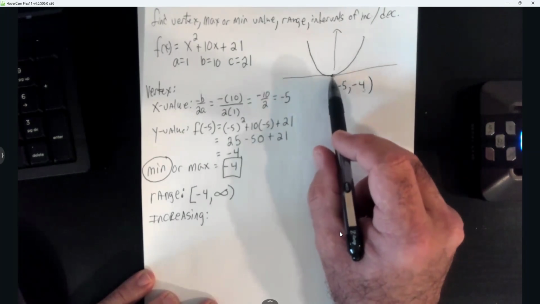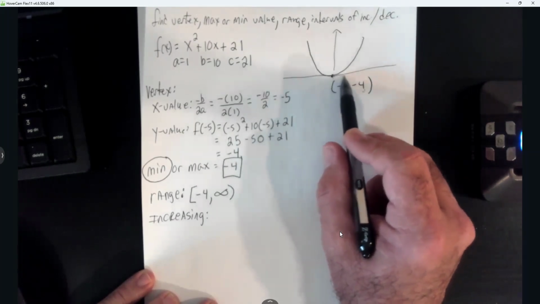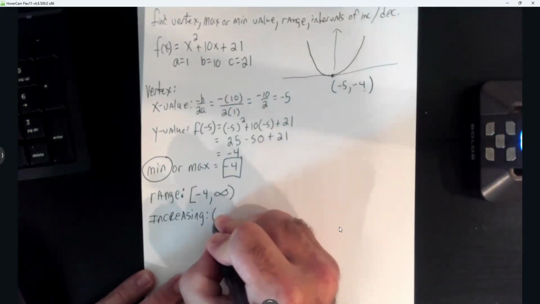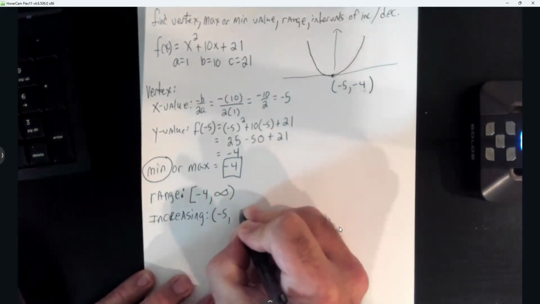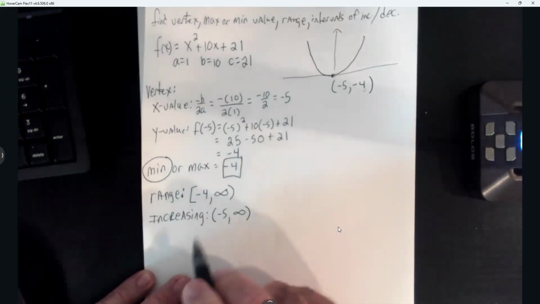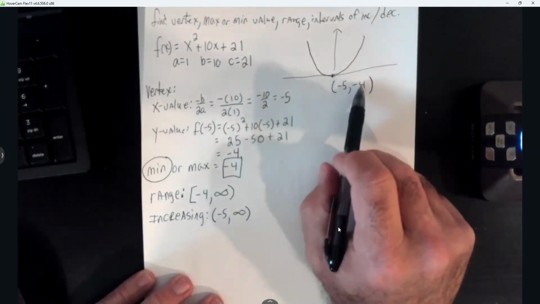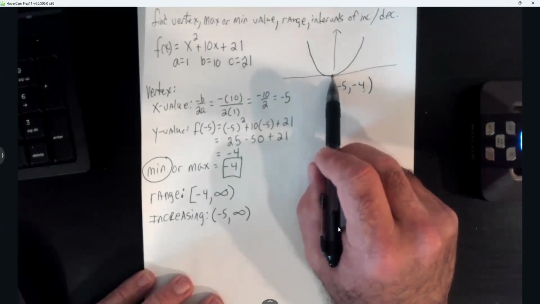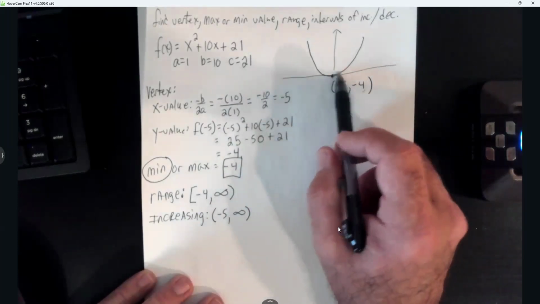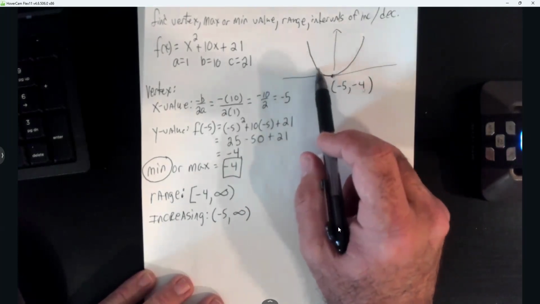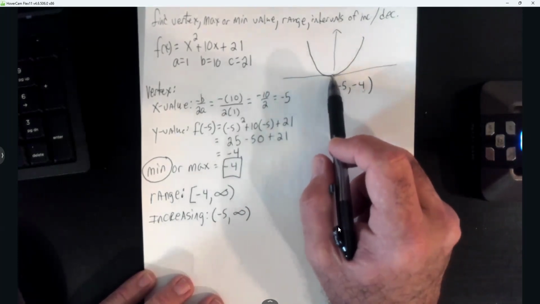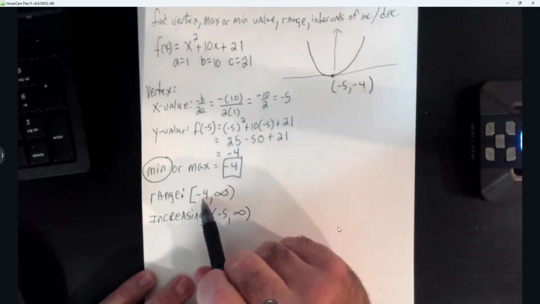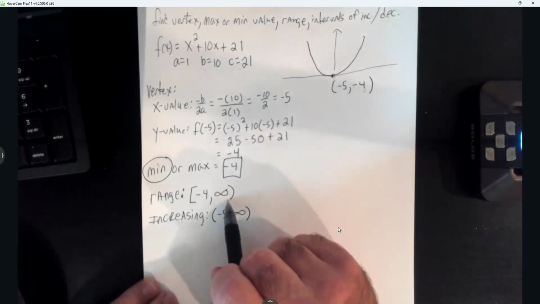So it's going to increase from negative 5 as I head out towards positive infinity. So that'll go from negative 5 to positive infinity. When you're doing increasing intervals, we don't use brackets, because that point negative 5 can't be increasing and decreasing. So the point where they switch over is in parentheses. The only brackets we'll use will be on the range, okay?